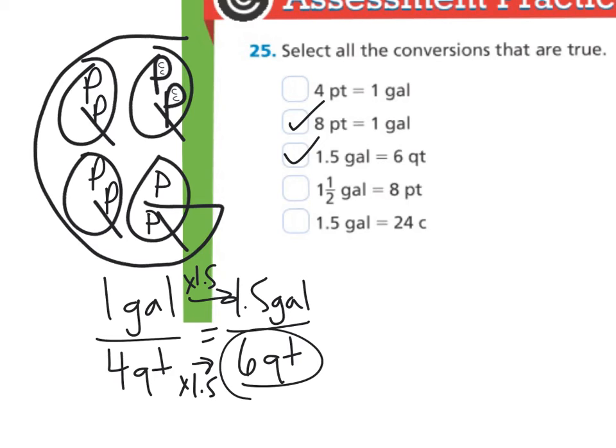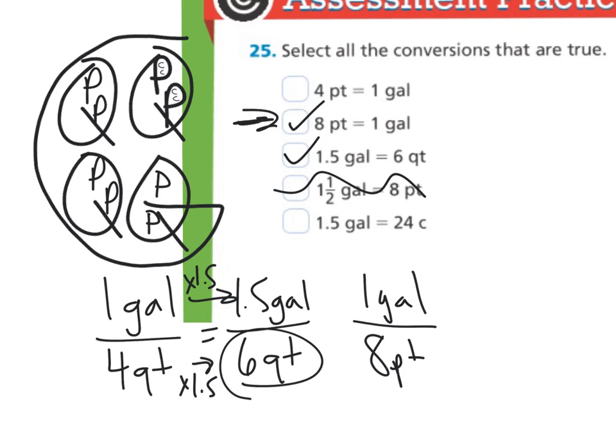The next one, they're asking if 1.5 gallons is equal to 8 pints. If you look at the picture, 1 gallon is 8 pints, which we already talked about earlier, so 1.5 gallons cannot also equal 8 pints, so that's not going to work.